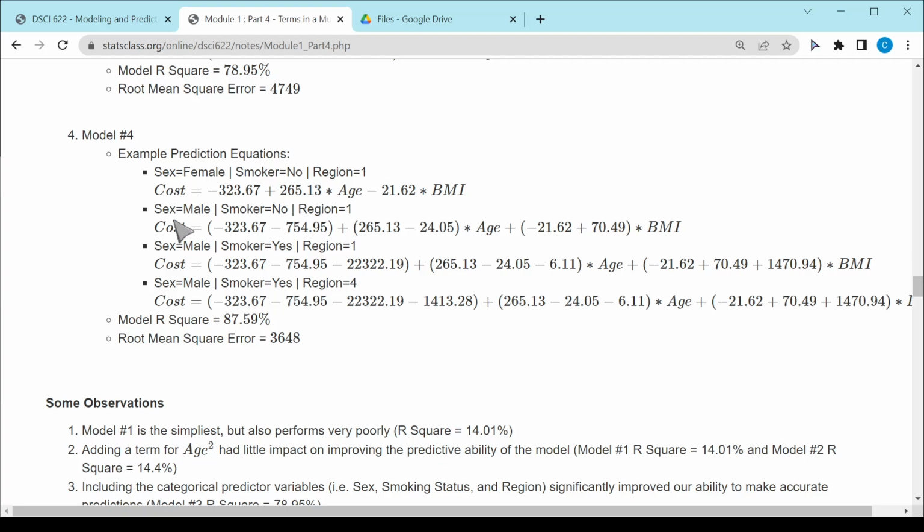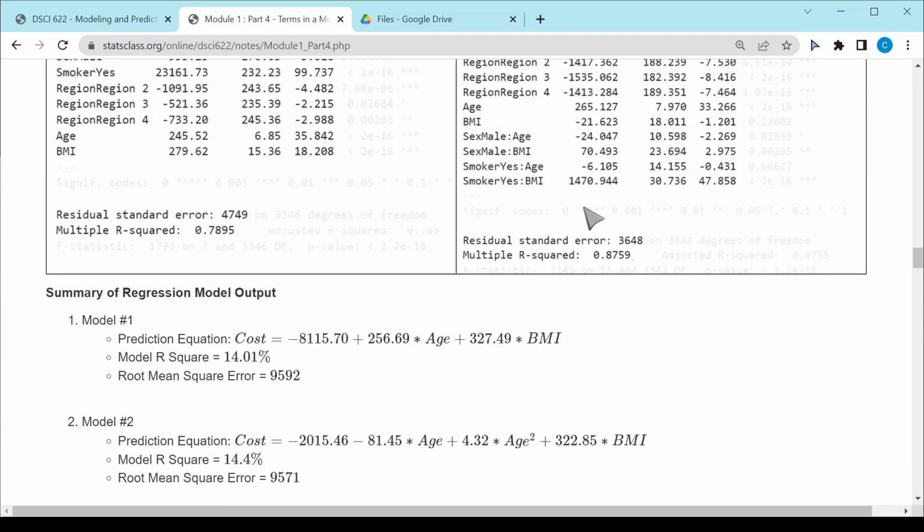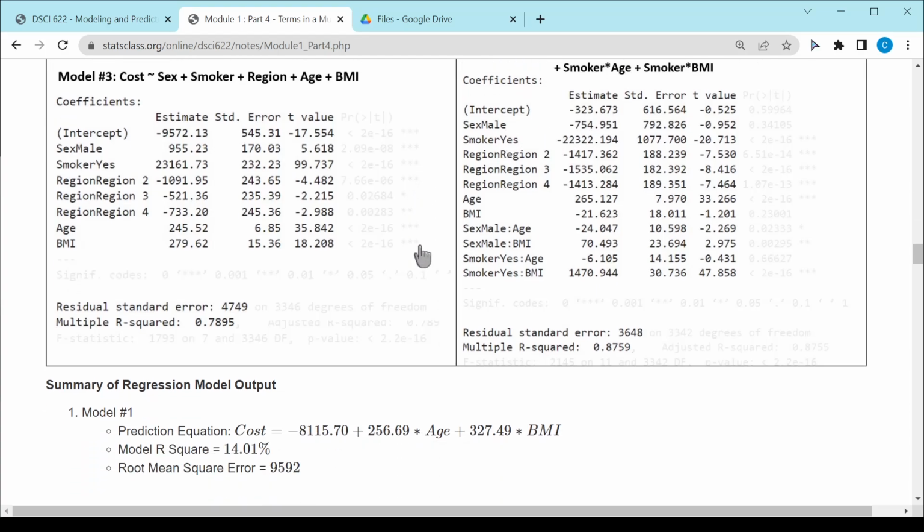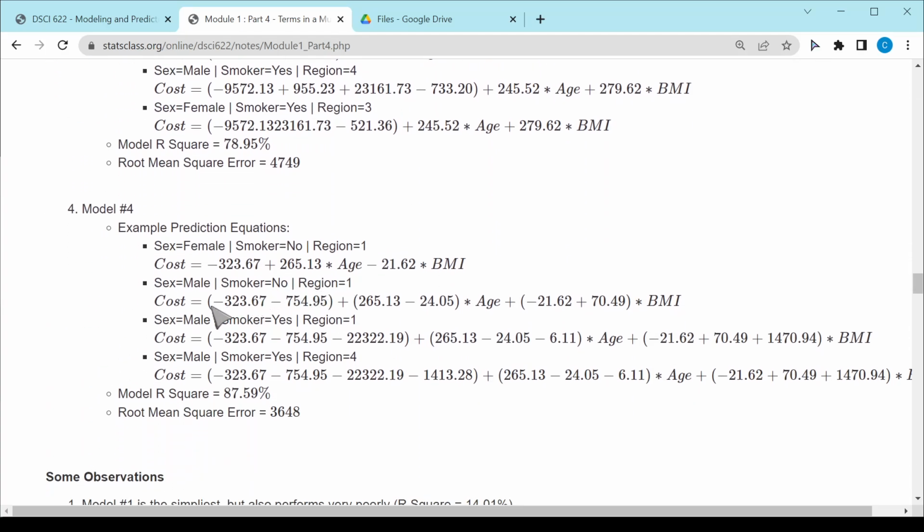Now, what adjustments need to be made to my prediction equation when I go from a female to a male? This second bullet here is for a male non-smoker region 1. Let's look at our list of coefficients. I'm talking about a male, so I'm going to need this 754. I take the 323, which I start with, and then subtract off another 754. That's what we're doing right here.